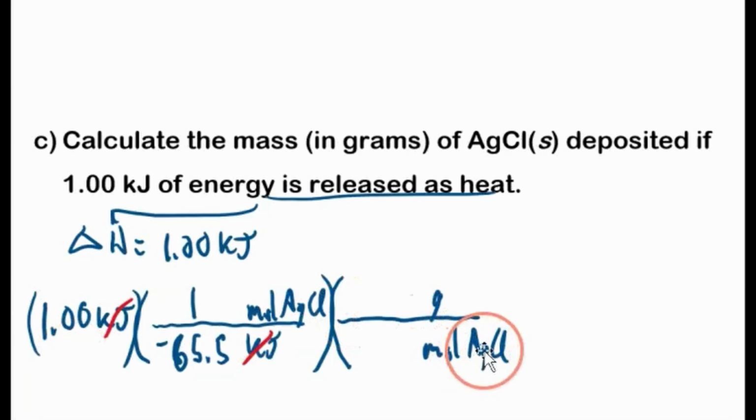So our kilojoules cancel out. Now we know how many moles we need, but we care about the mass. So we need to convert moles to mass. We want grams, and we want to cancel out moles of AgCl. It's always nice to say what it's moles of, so we make sure AgCl cancels out with AgCl.